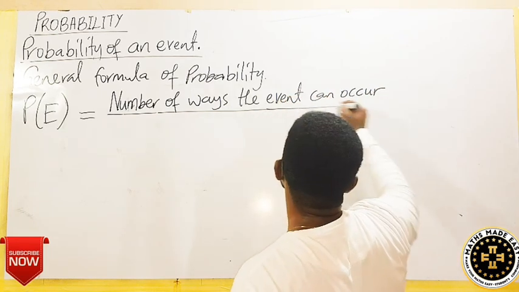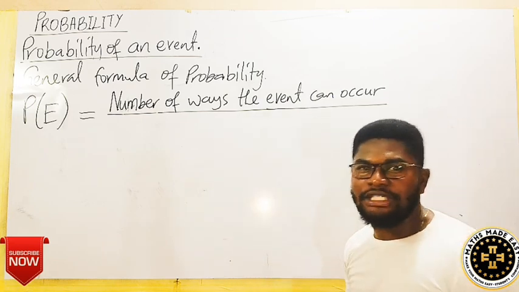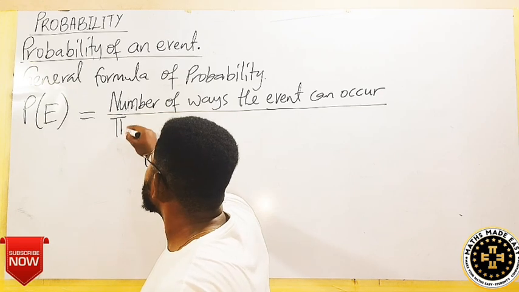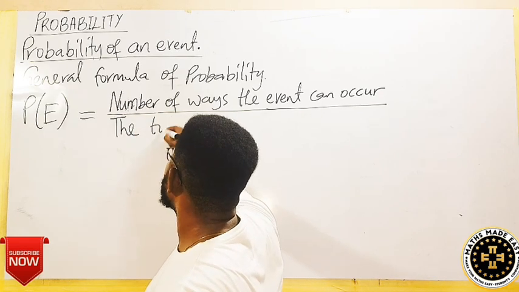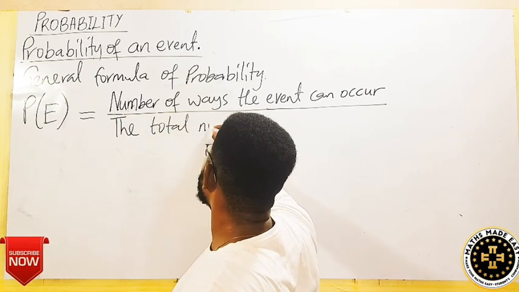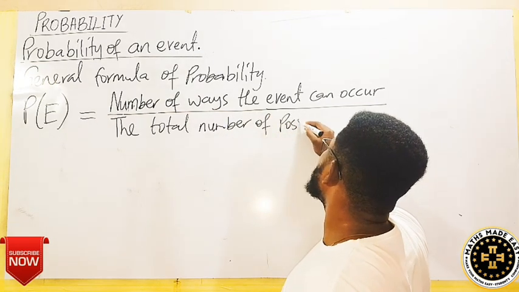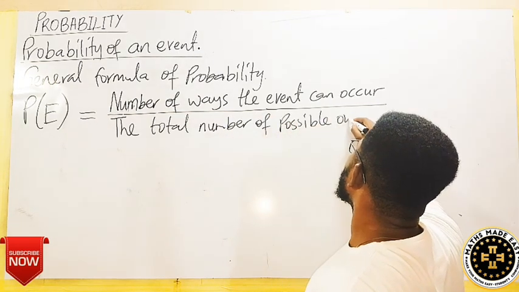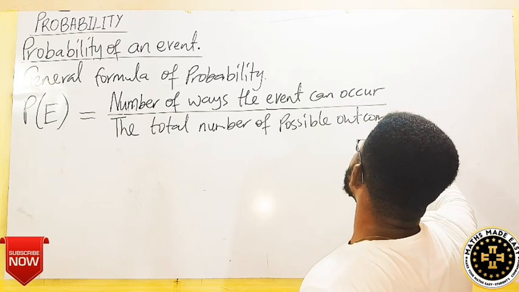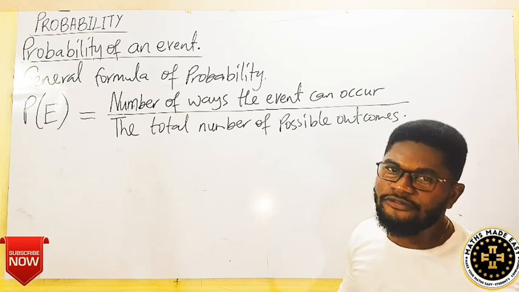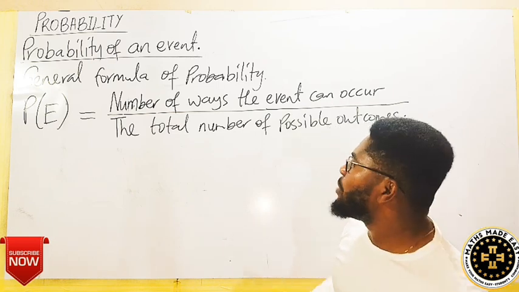So the numerator part will talk about the number of ways the event can occur, divided by, or all over, the total number of possible outcomes.